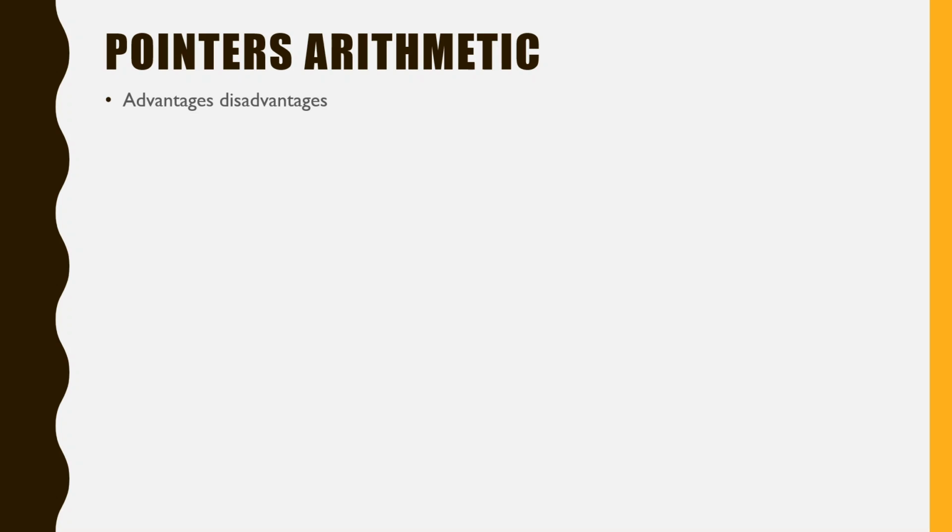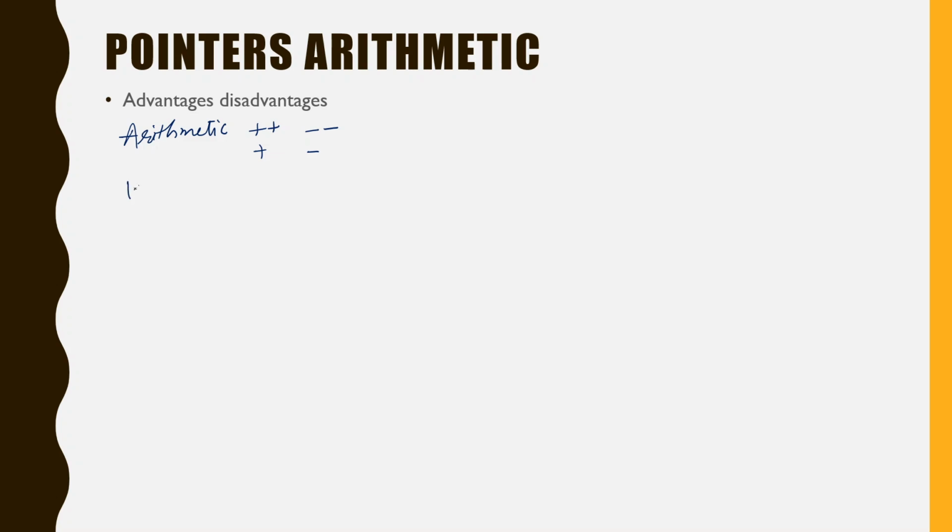The arithmetic that we will apply here would be increment and decrement. Okay, so the increment and decrement operators we can apply over here, and similarly we can apply addition and subtraction over the addresses.